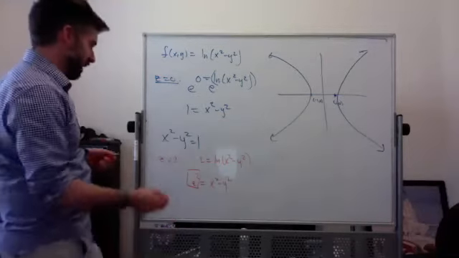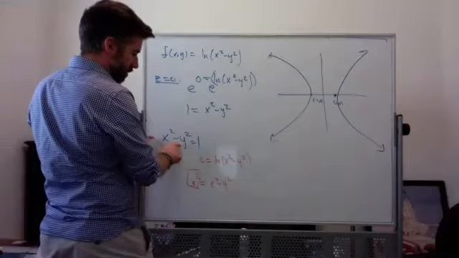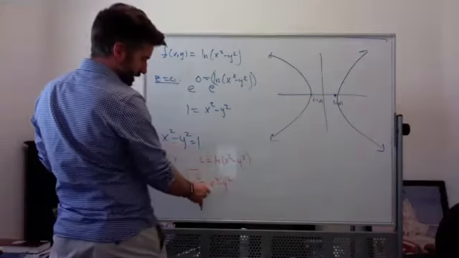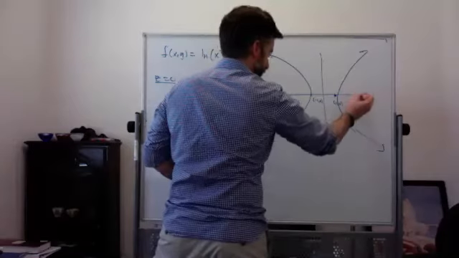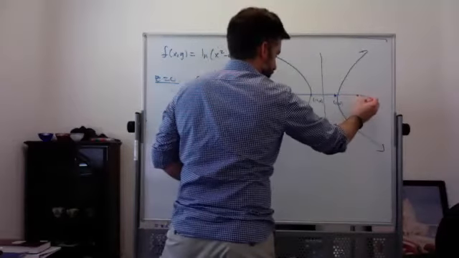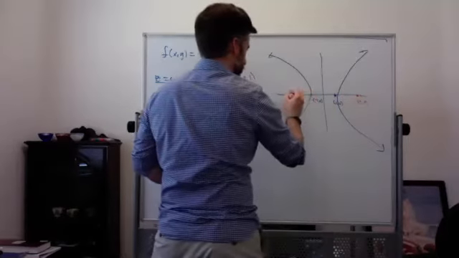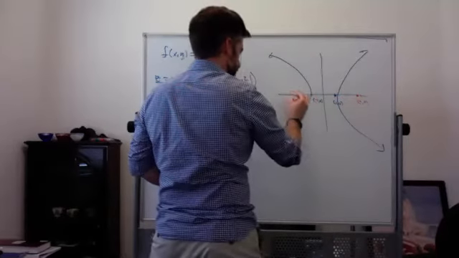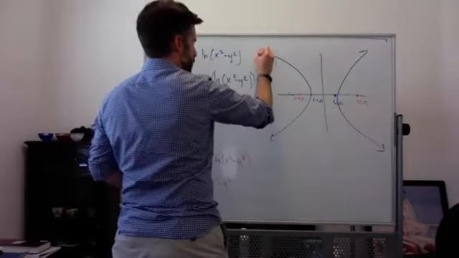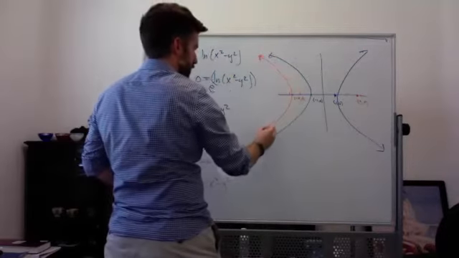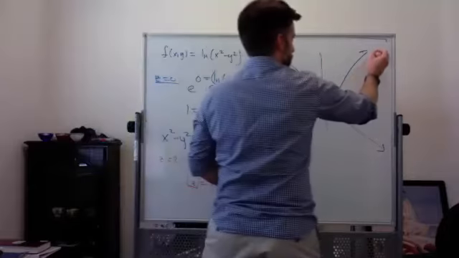But now instead of x being 1 when y is 0, x gets to be e. So I'm over here at e, 0, and over here at negative e, 0. And it looks similar. It's still a hyperbola. It's just further out.